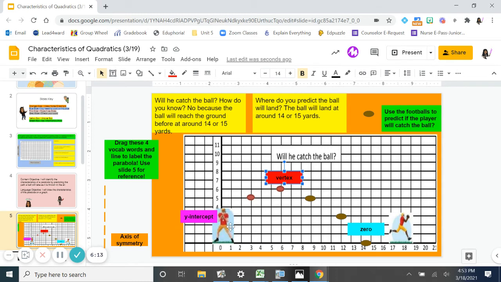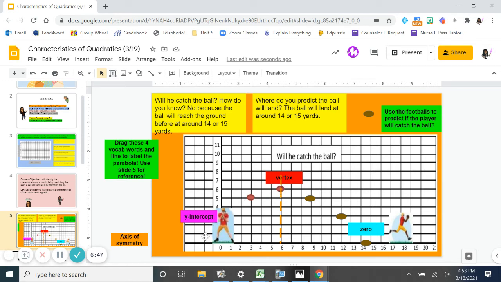So our axis of symmetry, well, if I look at this parabola, if I were to half this parabola where if I cut it right down the center, it should look the same on the left as it does on the right. That axis of symmetry goes right through the vertex. So if I take this line and I drag it over here, basically what I'm saying is I'm cutting that line right down the center of my parabola.